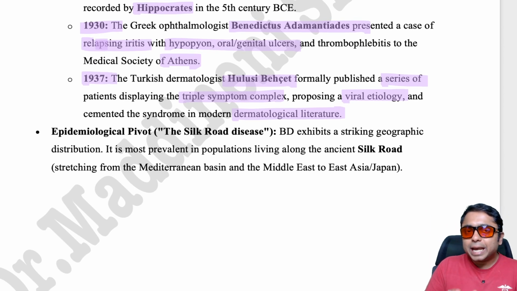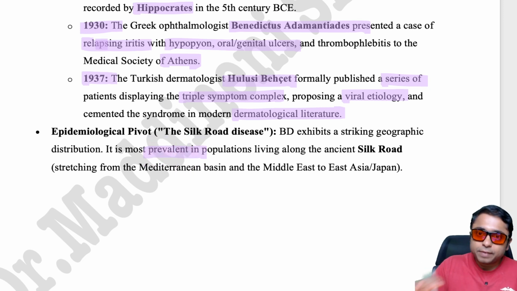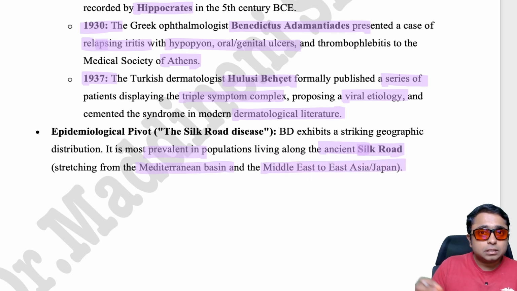Coming to the epidemiology, this condition is very prevalent in populations living along the Silk Road. In ancient days, trade used to happen along the Silk Road, covering the Mediterranean basin and Middle East through to East Asia and Japan.